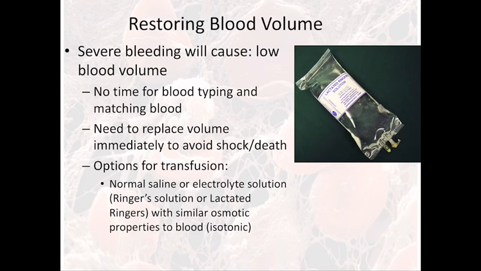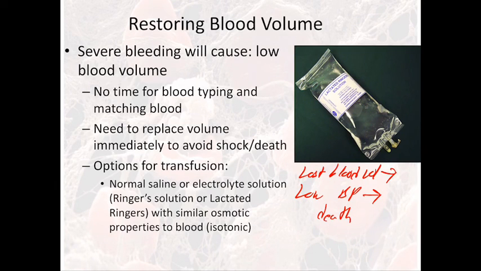All right, and then lastly, a key thing in major injuries where a lot of bleeding has occurred is low blood volume, right? If we've lost blood volume, the big problem is low blood pressure. So lost blood volume leads to low BP, which could lead to death.